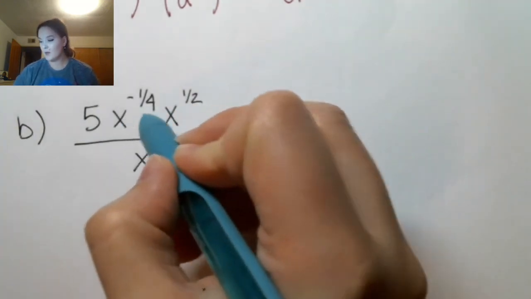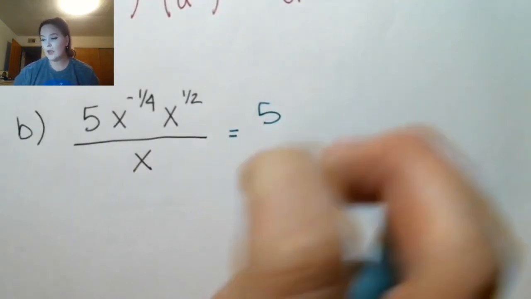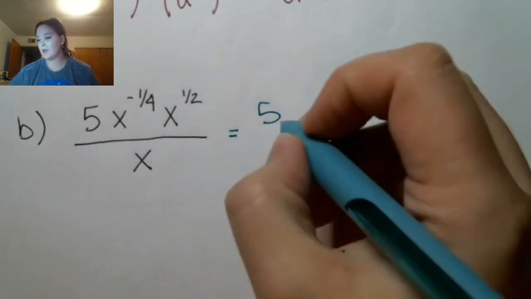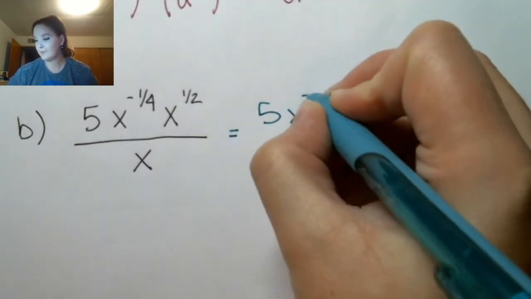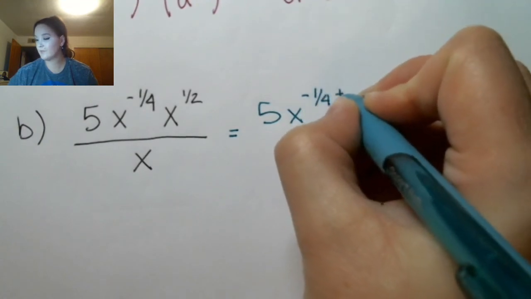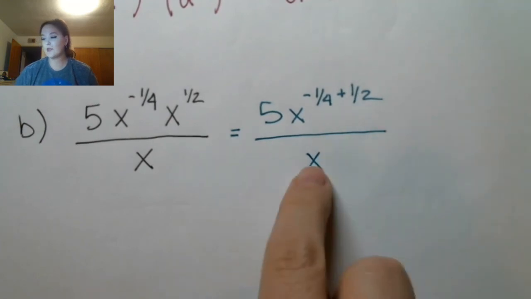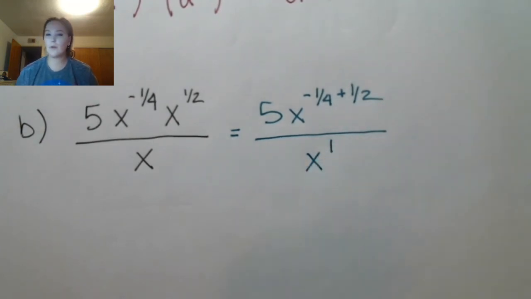So the first thing I would do is simplify the numerator by adding these exponents together. I'm just going to put this as x to the 1 power because we remember that that's what that means.